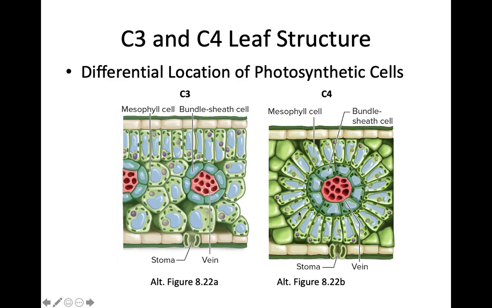So you've got these mesophyll cells that surround a bundle sheath cell. But in C3 plants, you don't have that kind of structure because you've got all the cells performing C3 photosynthesis. There's no spatial separation of these different chemical processes, chemical pathways.